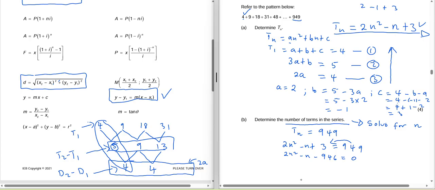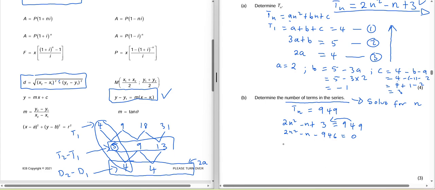And then what's left, we need to apply the quadratic formula, because factorization may take us a bit of time. So n equals minus b, which is minus 1, because remember we have solved for our a. Now this is our new equation. So a is 2, b is minus 1, and c is minus 946, sorry, minus 946. Let me just write it neatly.